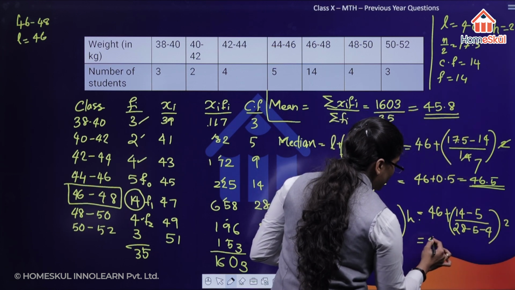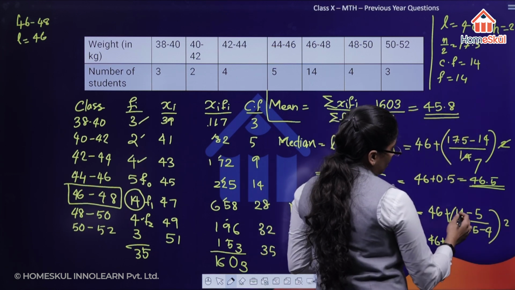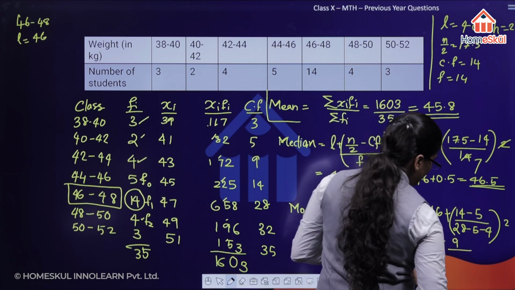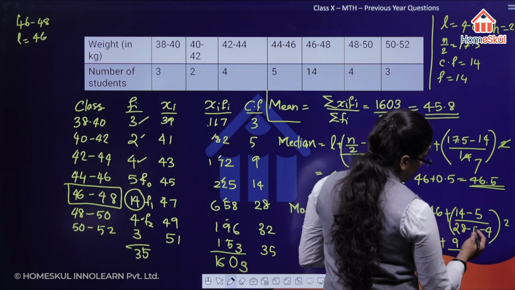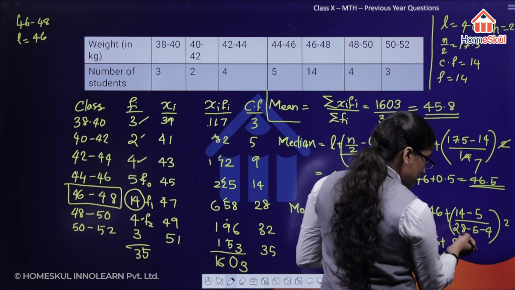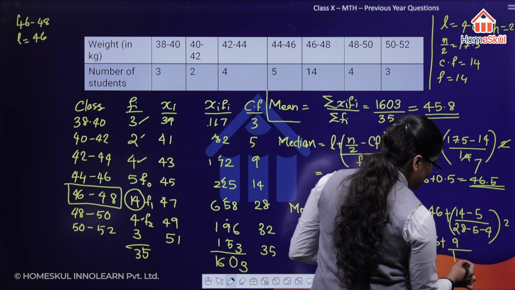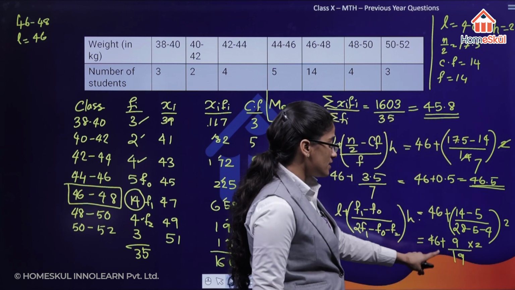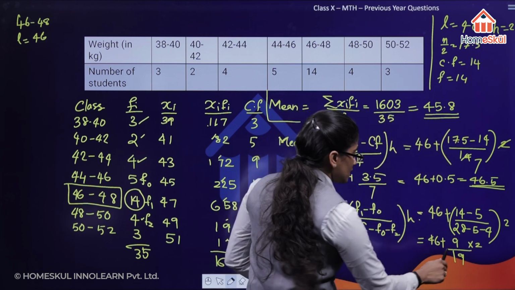That is 46 plus 14 minus 5 is 9, divided by 28 minus 9, which will be 19, into 2. That is, we are getting 46 plus 18 by 19.